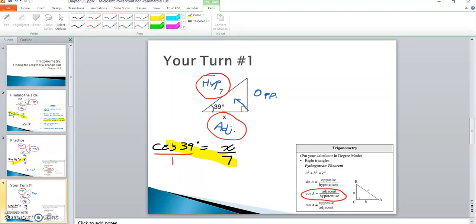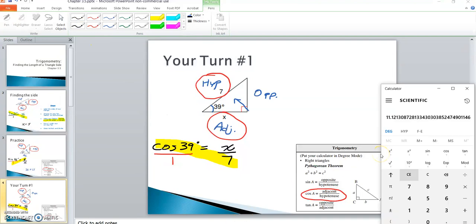Alright, so we're going to cross multiply the cos 39 and the 7 and divide by 1. So please keep in mind I put the 39 first and then the cos, and then I times it by 7 and divide by 1 equals 5.44.